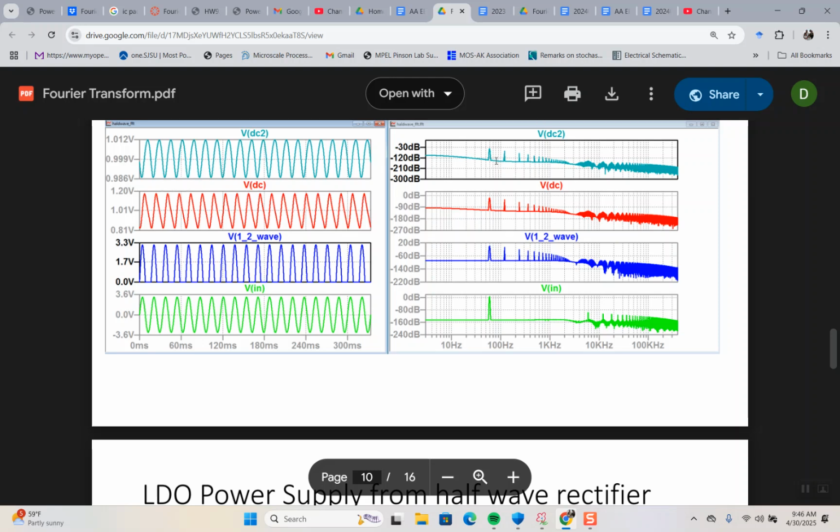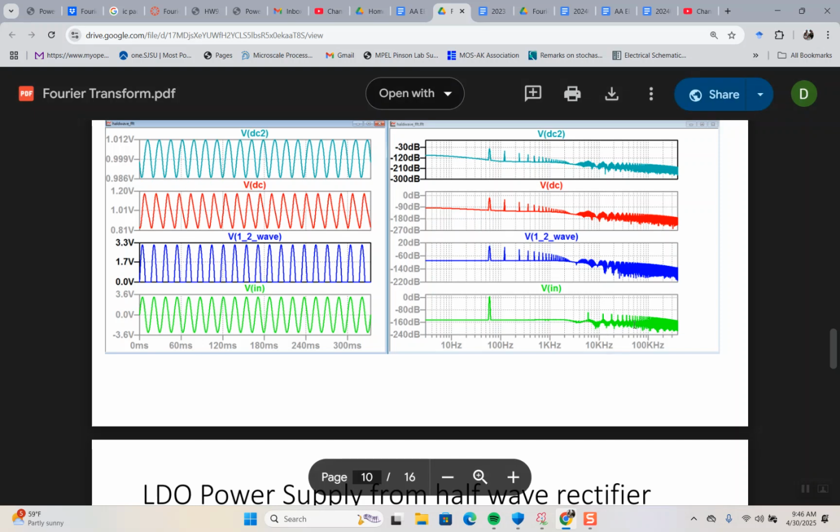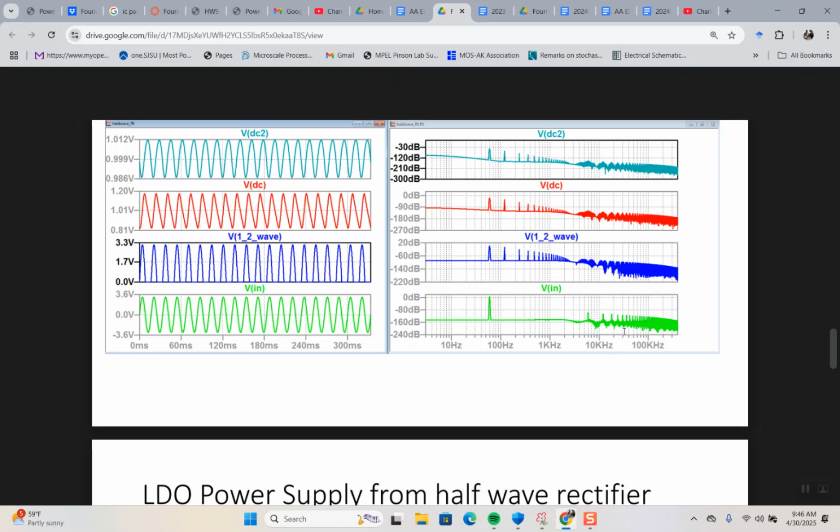And if you look at the Fourier transform, here's the original thing at, probably I did 60 hertz. Yeah, there's some frequencies out here, and that's just digitization, right? Here's the first half-wave rectifier. Look at all the harmonics. The first DC, the harmonics are there, but it's less.